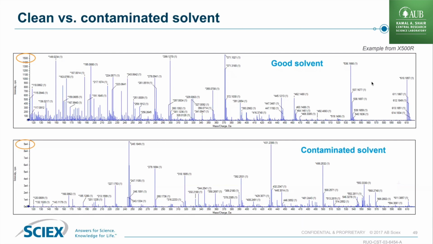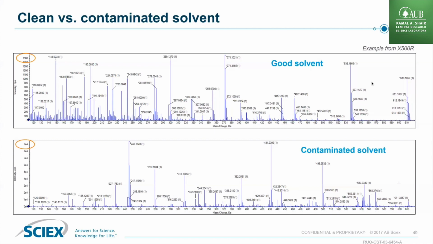Because the good solvent has a lot of peaks in it. You can see some peaks there. But take a look at the y-axis. The y-axis of the good solvent is 1500. And the y-axis of the contaminated solvent is 9E4, right? 90,000. So we're way more than 10 times. Let's say, yeah, almost 50 times, right?